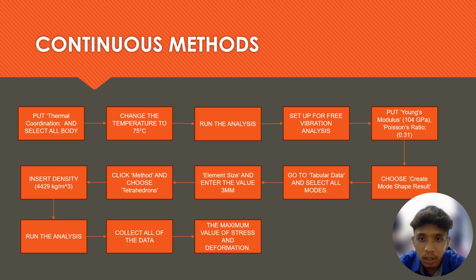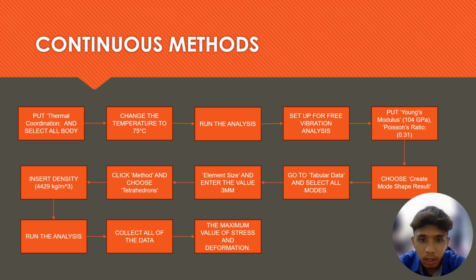After we run the analysis, we set up the free vibration analysis and put Young's modulus to 104 GPa and Poisson's ratio to 0.31. Then we choose create mode shape result, go to tabular data, and select all modes.